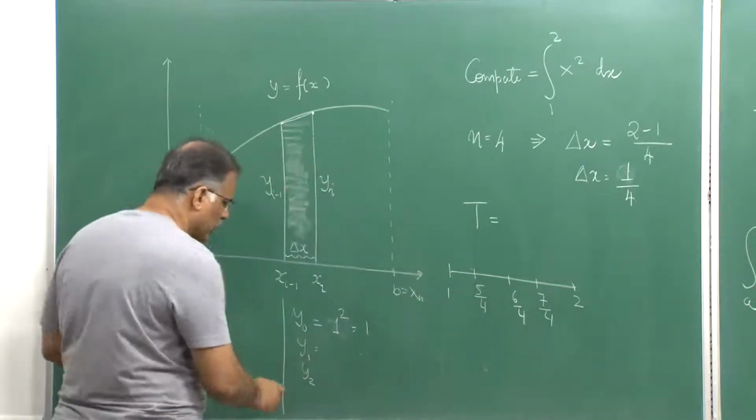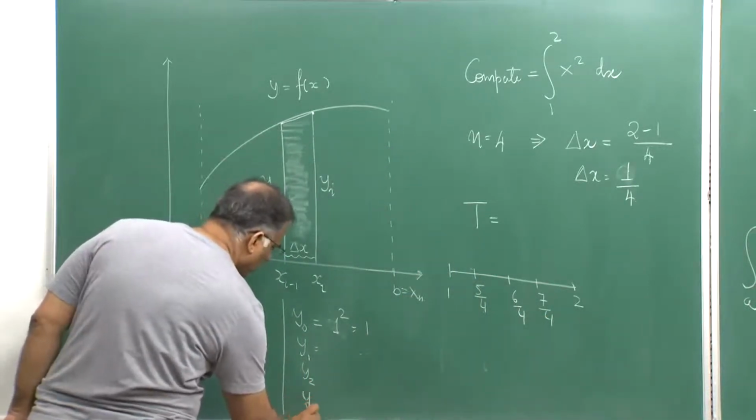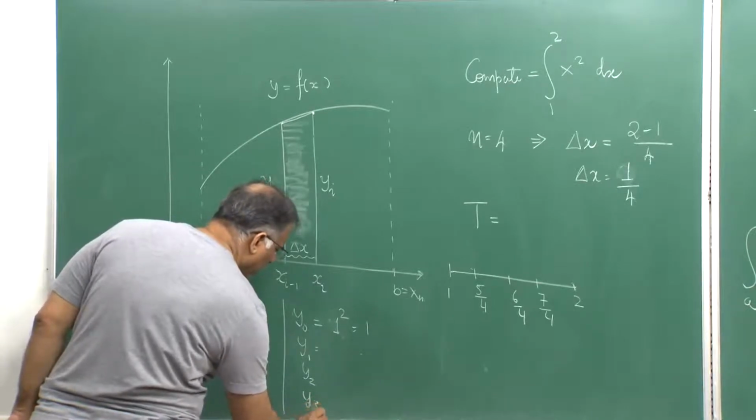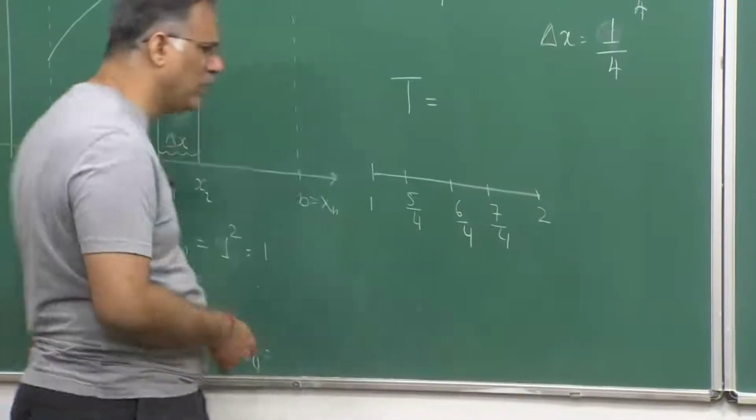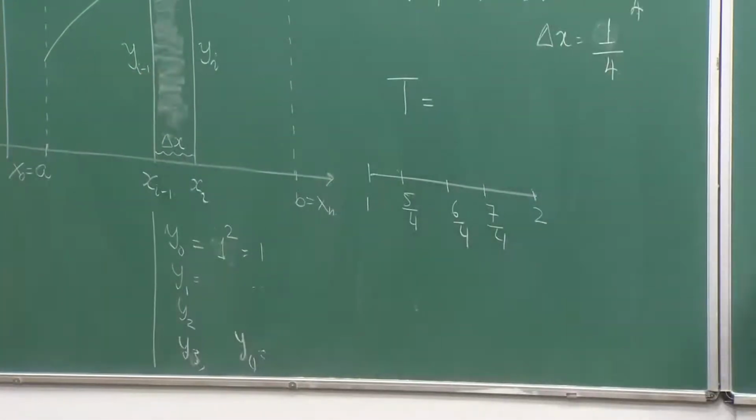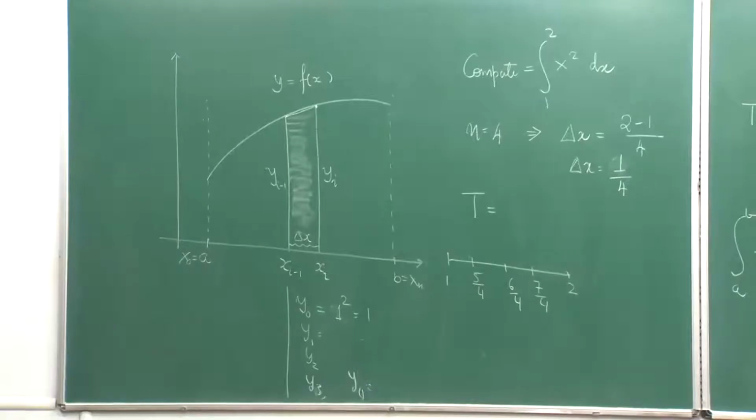These points up to y4 have to be calculated. I am not calculating them here, I am assuming that such a calculation can be done, and you can easily do it yourself. I would like to tell you to do it yourself rather than relying on my calculations.